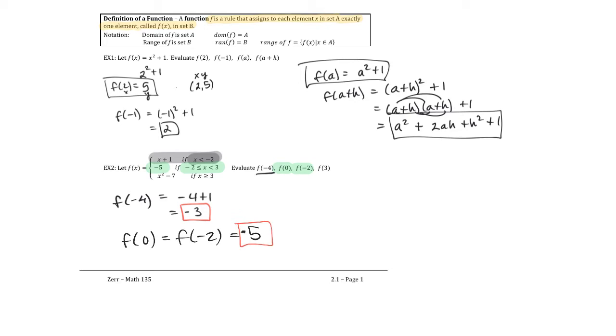Okay, let's try this next one, f of 3. Well, when you're 3 or bigger, then you're defined by this other rule. So that is x squared, so 3 squared minus 7, and so that would be 2.